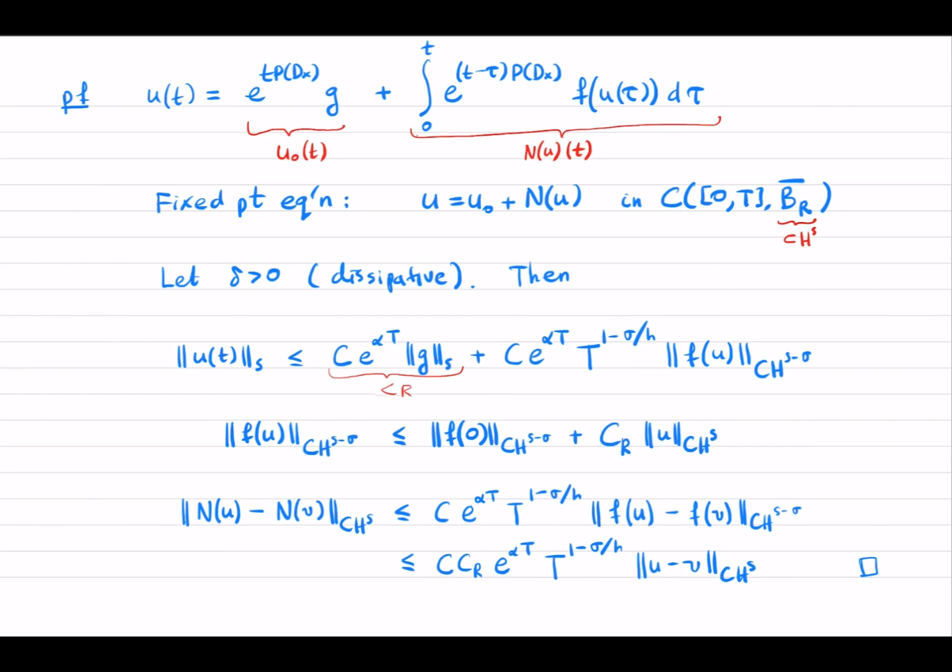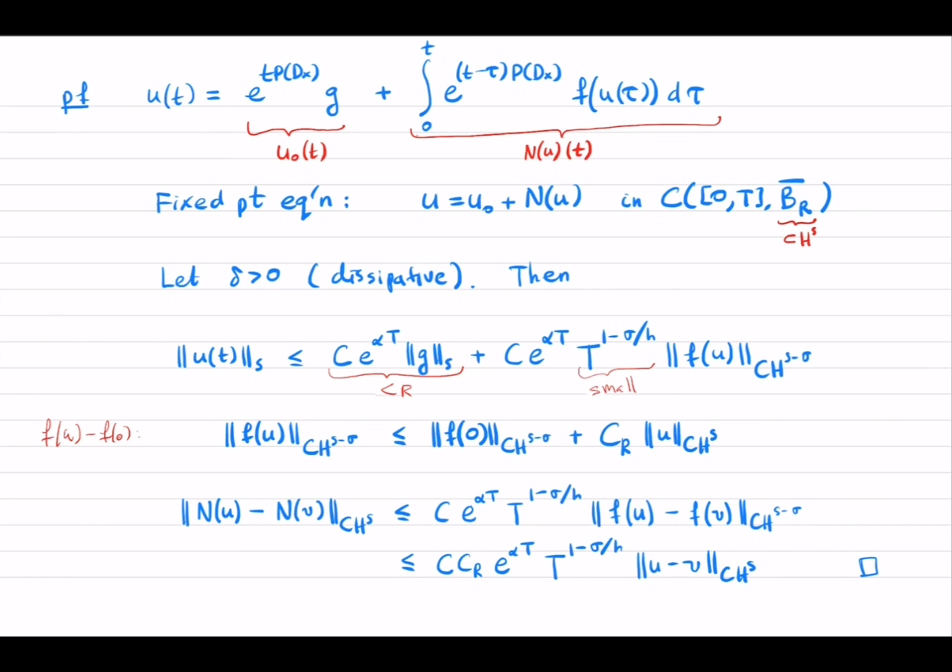Okay, now the second term depends on that. Let's estimate this term. Now we can use the locally Lipschitz property, estimate F(U) minus F(0). So if we estimate that, we get F(0) plus the Lipschitz constant times the norm of U. Another thing to note here is that this term can be made arbitrarily small because sigma is strictly smaller than h.